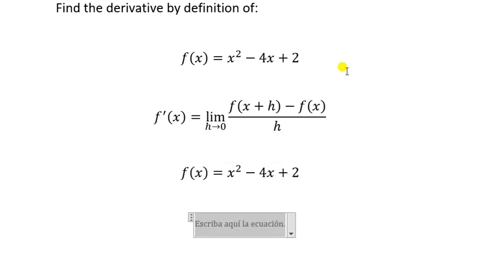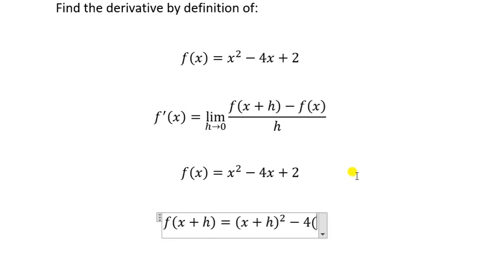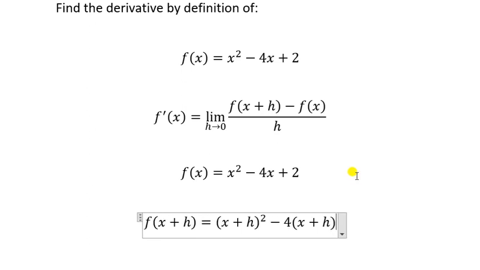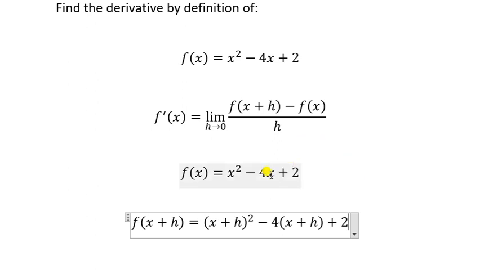And in order to find f of x plus h, we need to basically substitute x plus h into each of the x's in our original function. So instead of writing x squared, we will just write x plus h, all of that raised to the power of 2, minus 4 times x plus h.